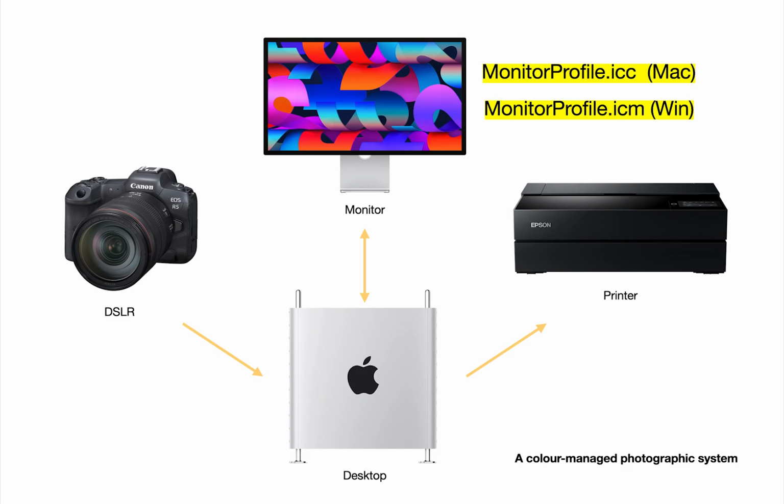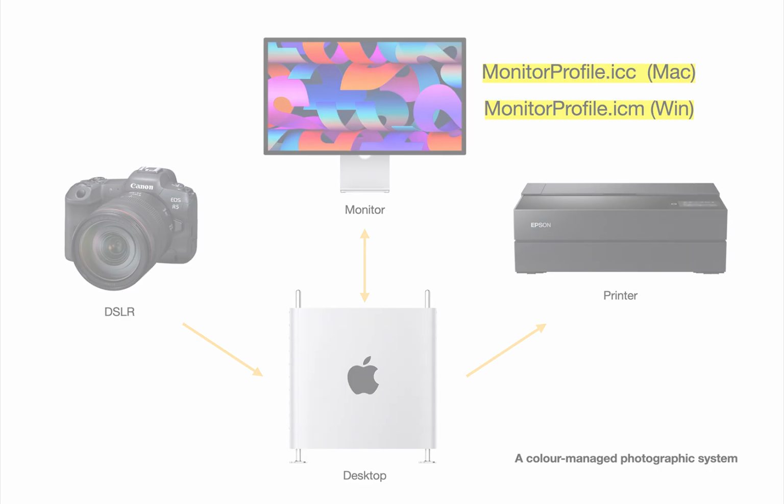So for example, a monitor color profile tells the operating system and software how the monitor displays colors. It allows the system to adjust the colors sent to the monitor so they appear accurate and consistent based on the characteristics of that specific monitor.